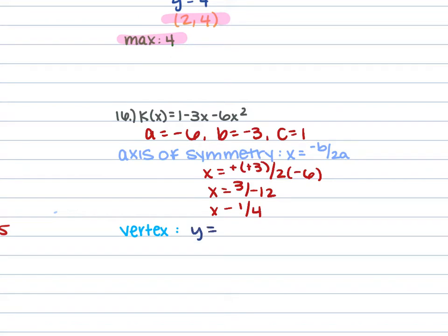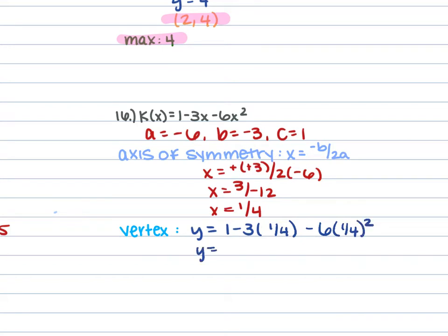For our vertex, we have y is equal to 1 minus 3 times negative 1/4, positive 1/4, minus 6 times 1/4 squared.